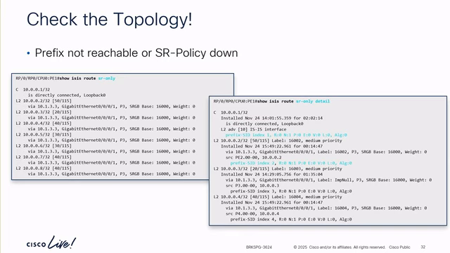Again, checking the topology. There is a nice command, show ISIS route SR-only, and you will see only the SR routes. What does that mean? It will show you all the prefixes of every router in your network. So any router you connect to, you do this command, you should see all the prefixes of all the routers, right?